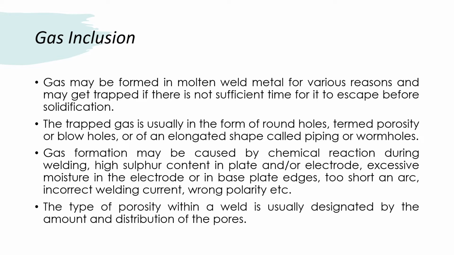Gas formation may be caused by chemical reaction during welding, high sulfur content in plate and or electrode, excessive moisture in the electrode or in base plate edges, too short an arc, incorrect welding current, wrong polarity, etc. The type of porosity within a weld is usually designated by the amount and distribution of the pores.